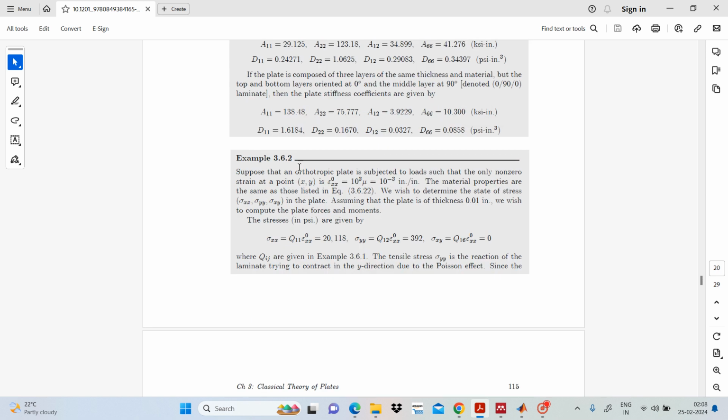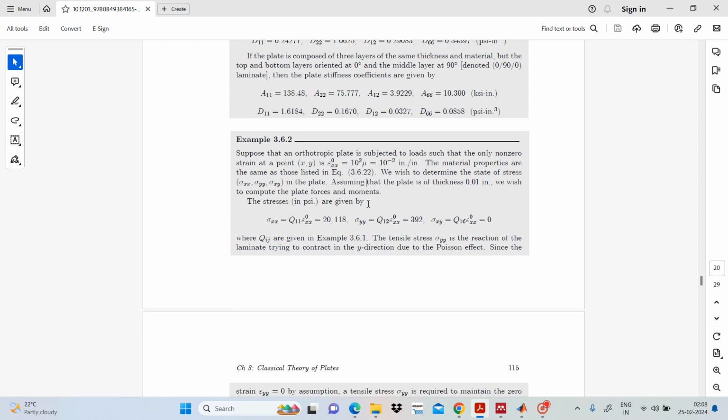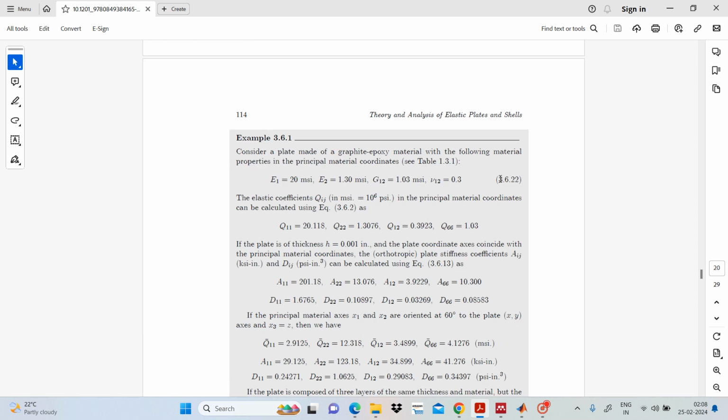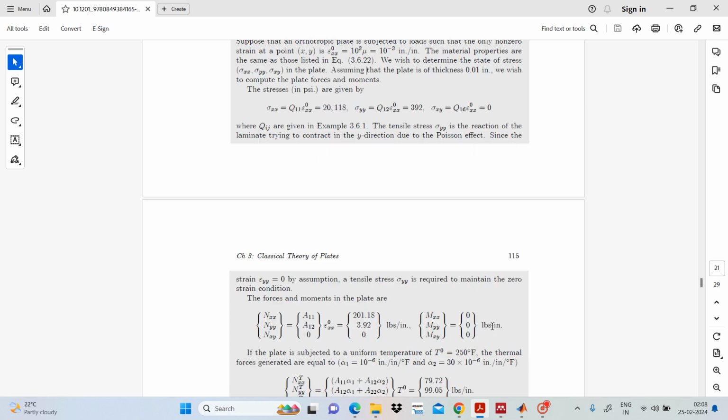The orthotropic plate is subjected to loads such that the only non-zero strain is changed there. The material properties are the same, and assuming that the plate thickness is 0.01 inch. It is also continuing equation 3.6.22. So thickness 0.01 inch. Let's do it.